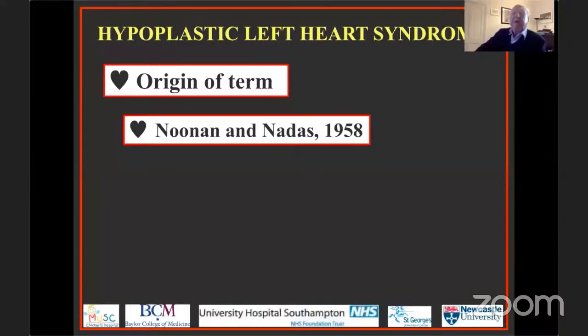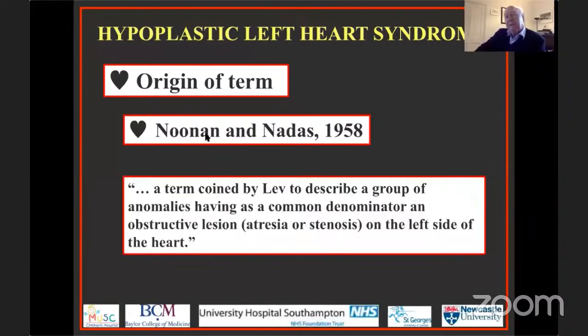Jackie Noonan, Alexander Nadas, can be considered the father of American pediatric cardiology. Jackie was chairman of pediatric cardiologists at the University of Kentucky in Lexington for very many years. But it was way back in 1958 when they produced this seminal discussion of the entity we're going to be looking at today.